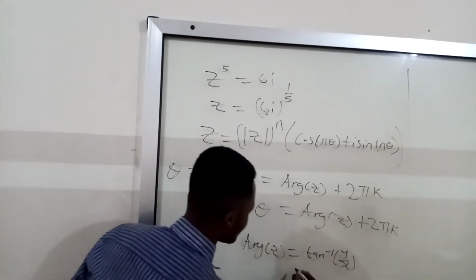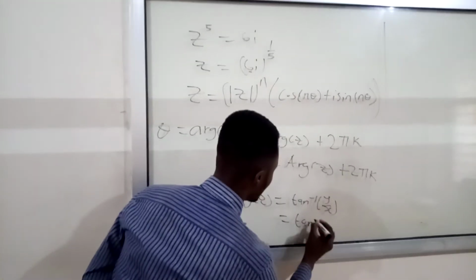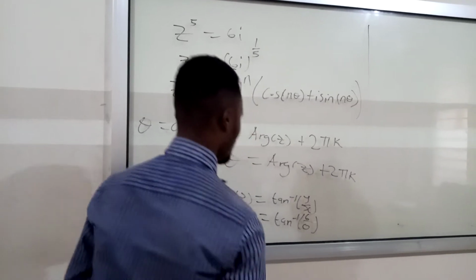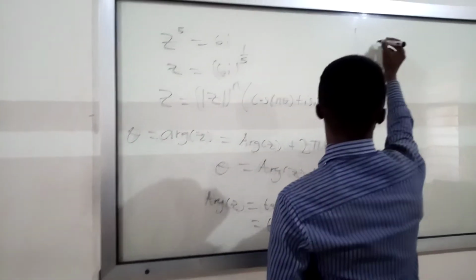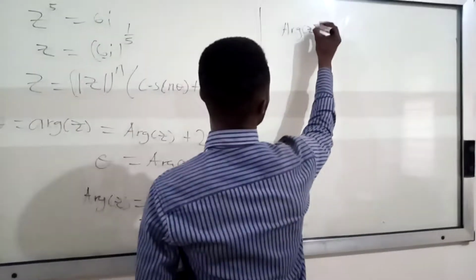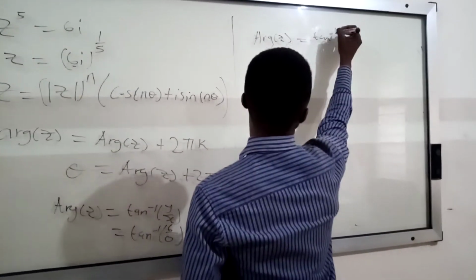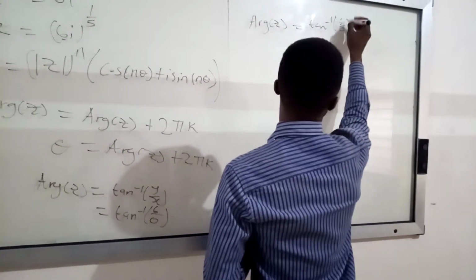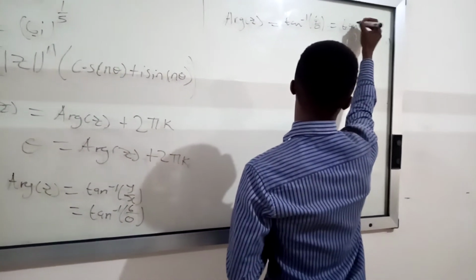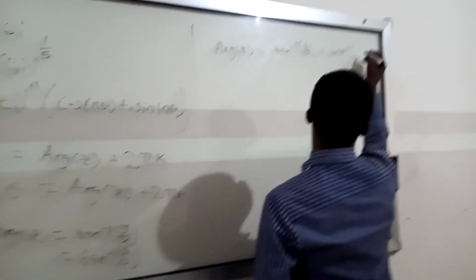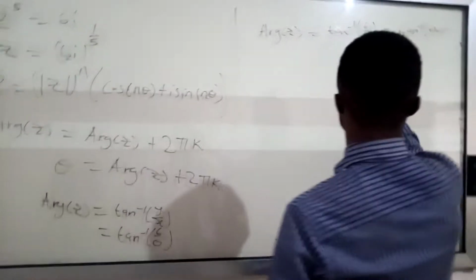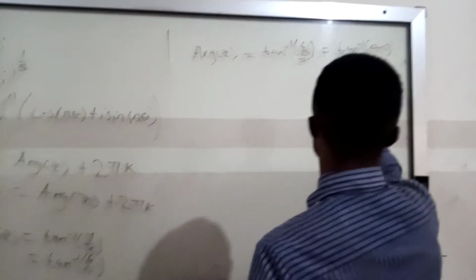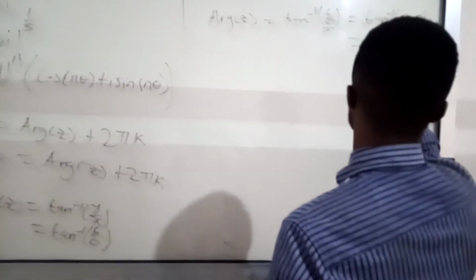So it's going to be tan inverse of 6 on 0, equal to tan inverse of infinity, because this one will give us infinity. Tan inverse of infinity is the same as pi on 2.